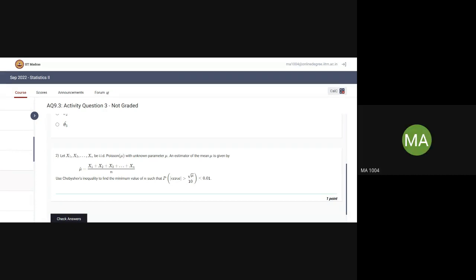And what is the bound? 0.01. And you know that according to Chebyshev's inequality, the probability that mod of error greater than delta should be less than or equal to variance of error by delta square. Correct?